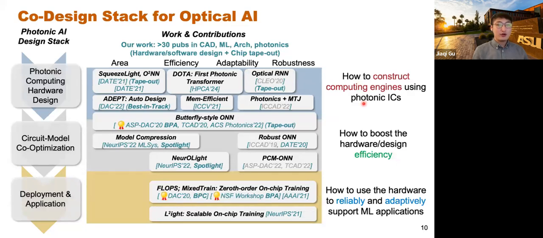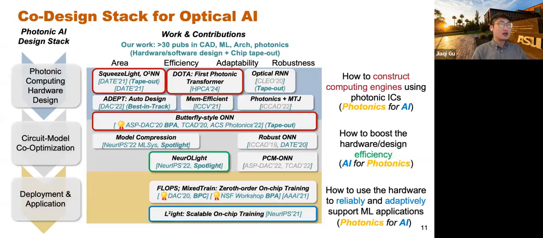And we'll also talk about how to directly use our hardware to reliably and adaptively support various machine learning applications. Our works cover aspects of area efficiency, robustness, and adaptability, and form this whole matrix. We not only have the design and the simulation results, we also have the chip tape-out. We tape out those designs for experimental demonstration.